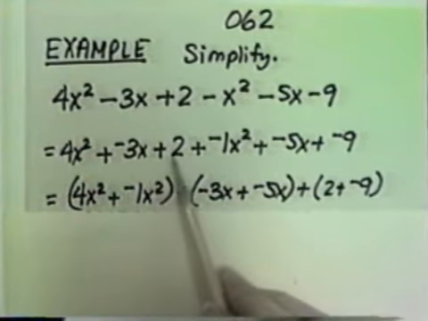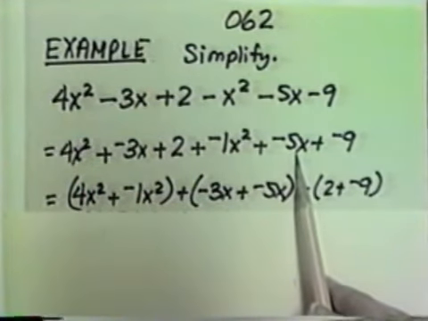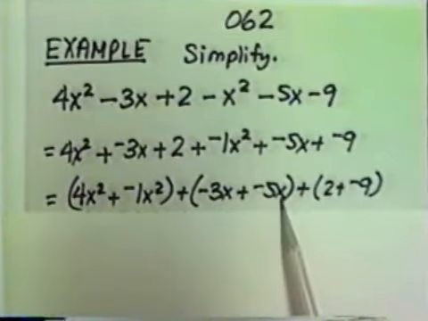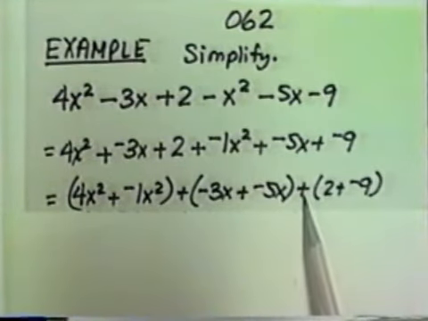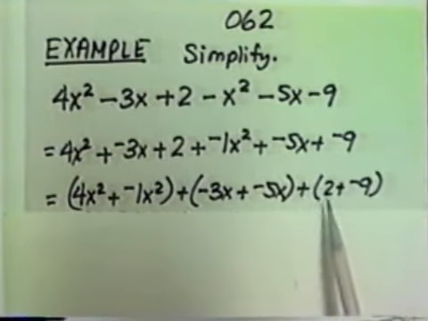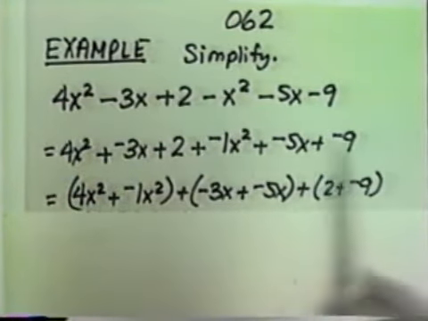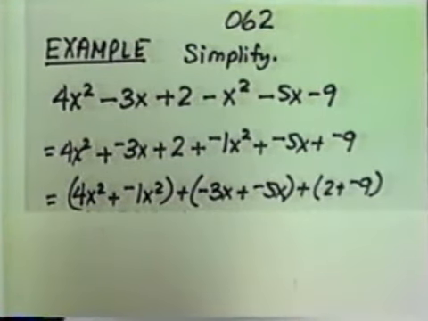Negative 3x and negative 5x are like terms. So we add negative 3x and negative 5x in the next set of parentheses. And then, once again, we're careful to put add. Then we add in the next set of parentheses the constant terms, 2 and negative 9.